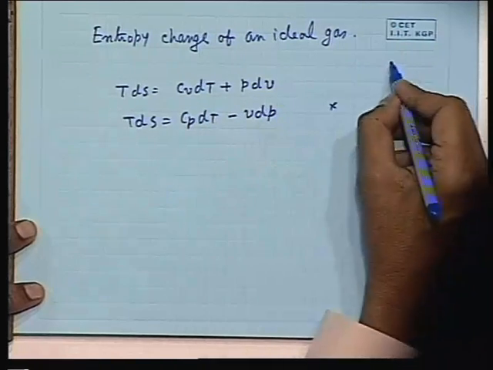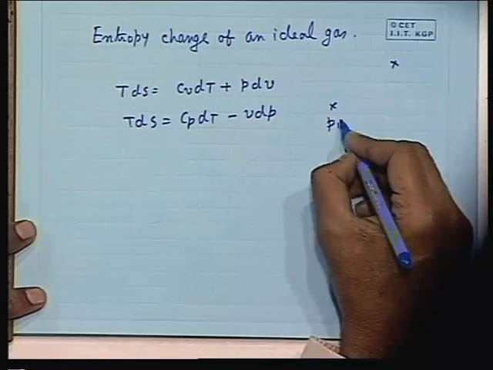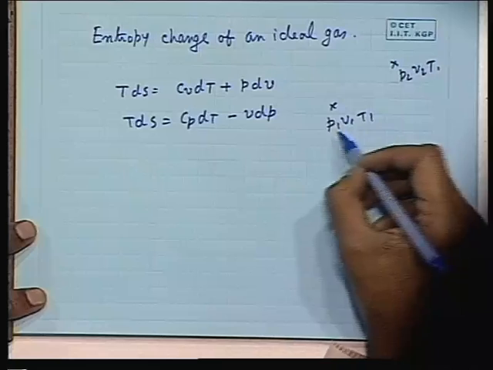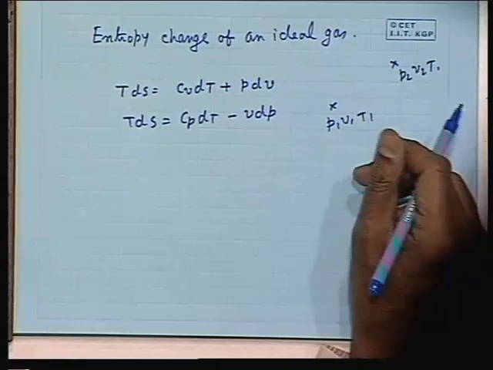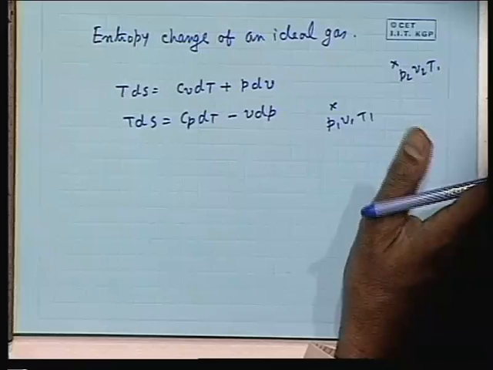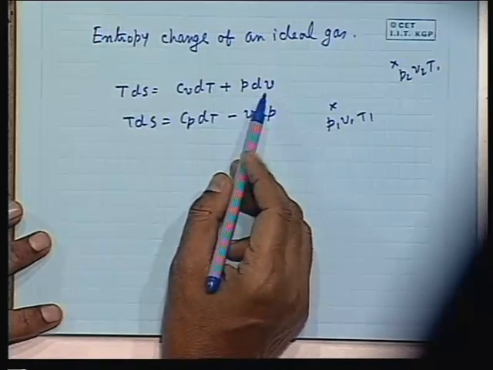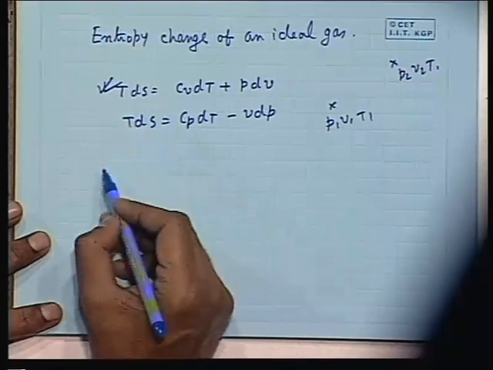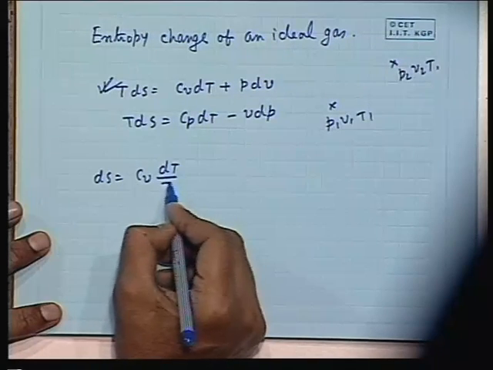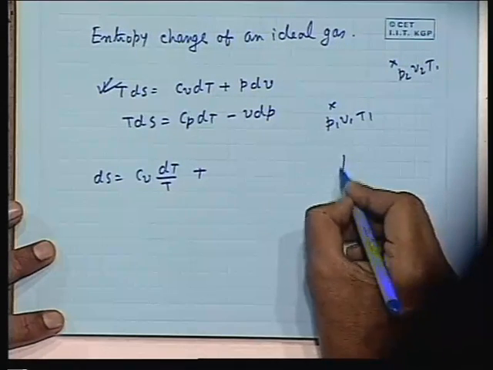Now for the 2 points, pressure, volume, temperature, all these things may not be given. We may know pressure and temperature, or we may know volume and temperature, or we know everything. So you can use any pair. If you use the temperature and volume, you use this. What you do? dS is Cv dT by T plus P by T dV. Now P by T, what is P by T?